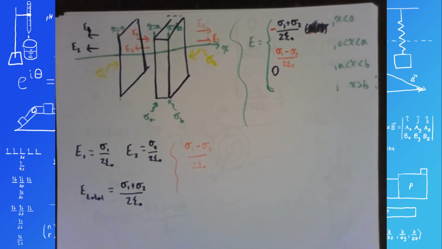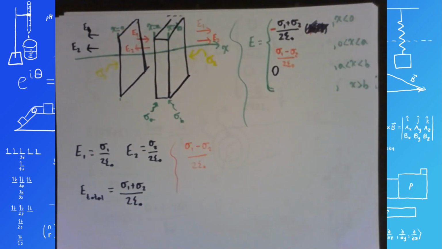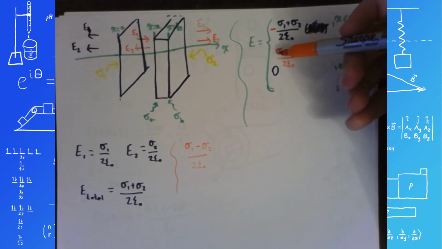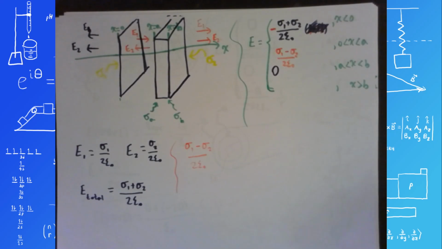Again, this is assuming that the charges on here are positive. If they come out to be negative, then that's fine. If you plug in negative values for the sigmas, then you should be able to get the correct overall sign, at least using the convention that I'm using.